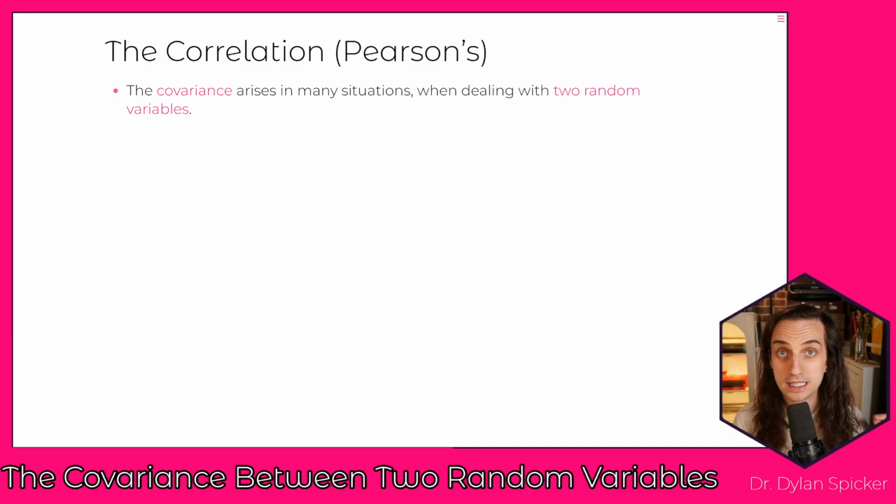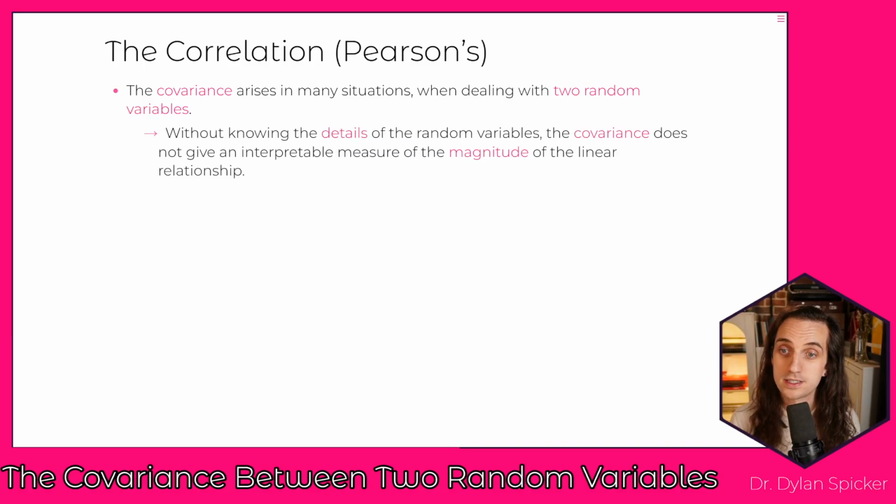And so the covariance arises in many situations. However, if we do not know the details of these random variables, then the covariance does not give an interpretable measure of the magnitude of the linear relationship. With us saying 0.275 in the previous example, we don't know, is that strong, is that weak, without knowing more about the random variables. And the correlation attempts to address this concern.